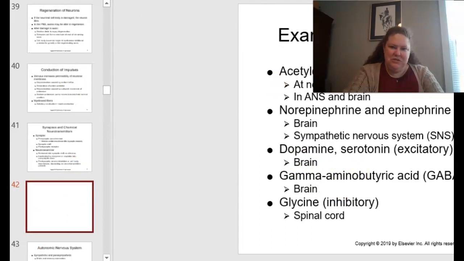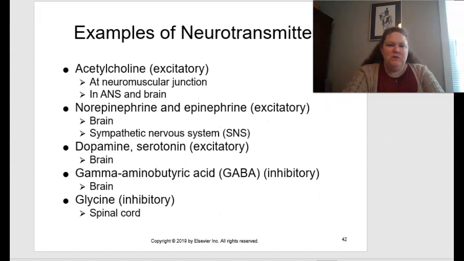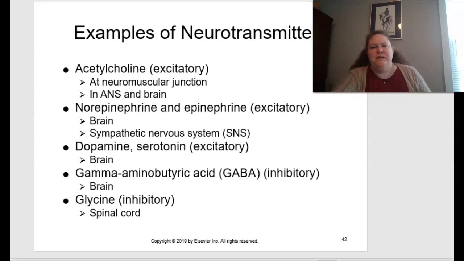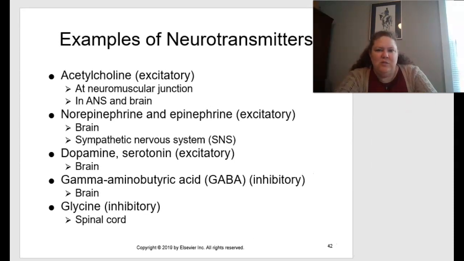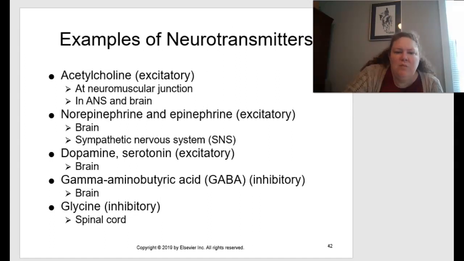So intriguing. Okay, so what are some examples of neurotransmitters? Well, we have acetylcholine, which is excitatory and found at the neuromuscular junction, in the autonomic nervous system and in the brain. We have norepinephrine and epinephrine, which are excitatory and found in the brain as well as in the sympathetic nervous system.